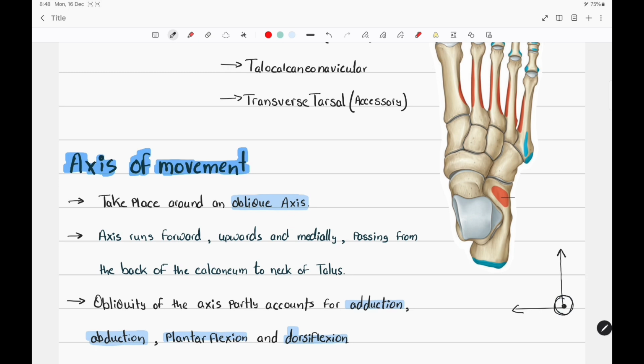I hope you are able to recognize the forward vector, the medial vector and the upward vector, which you have covered in your 11th and 12th class. Their resultant vector would be the vector joining the base of the calcaneum to the neck of the talus. So this will form an oblique axis around which the bones rotate.